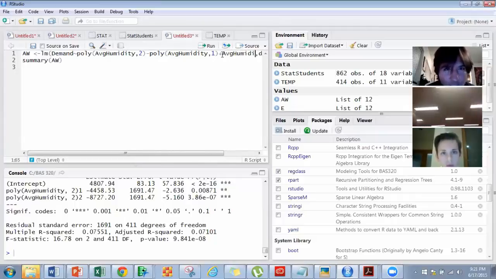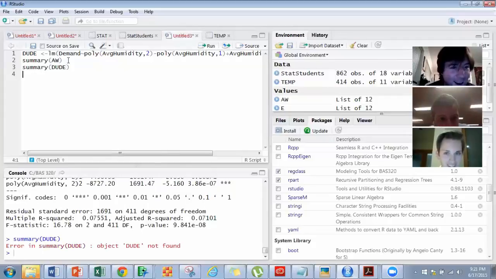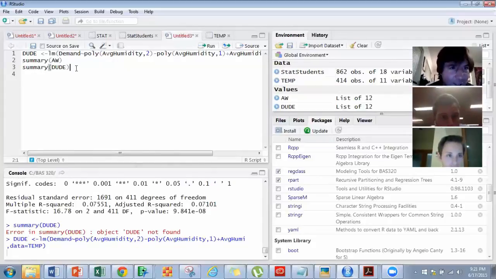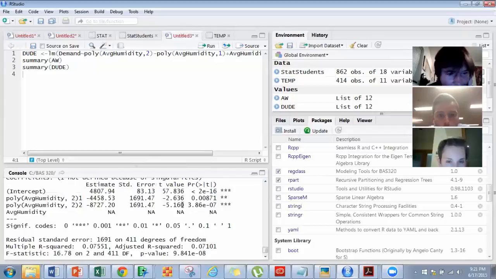We'll see if it likes what I do here. Did I spell it right? Okay, let's call this something different. Let's call this dude. Oh, I didn't run it yet, so there you go. I knew it when I was hitting it. Okay, so here's my dude versus other model, and look, it didn't jump it out.